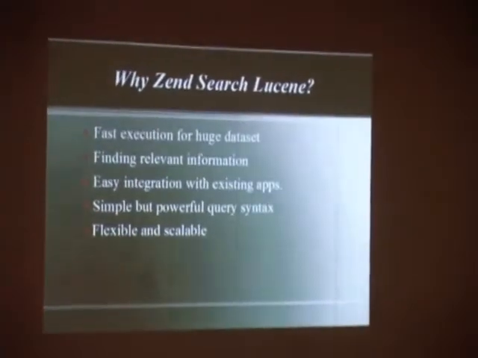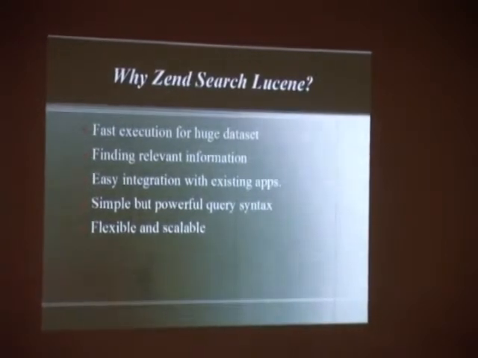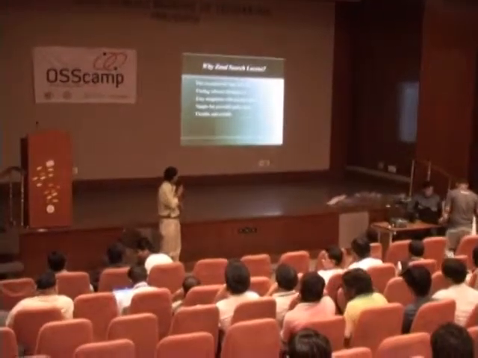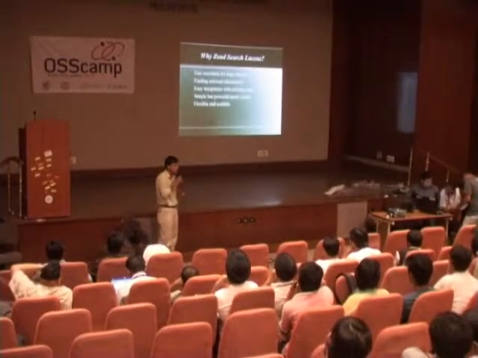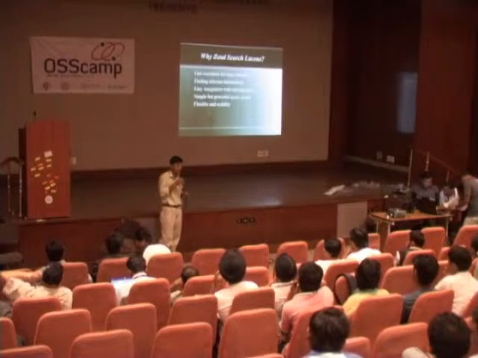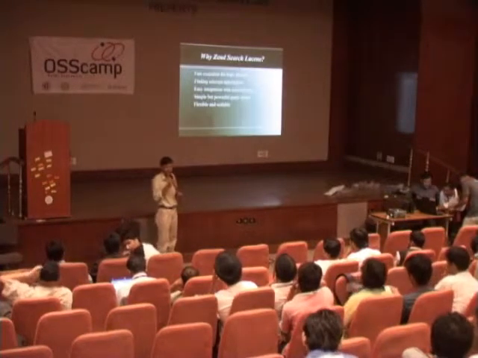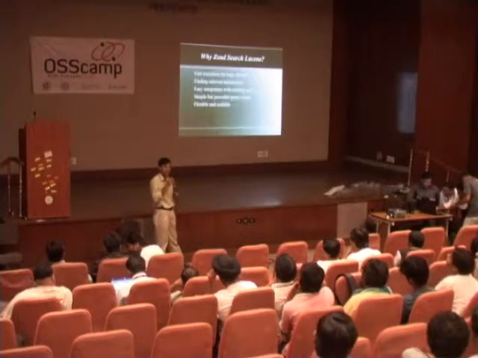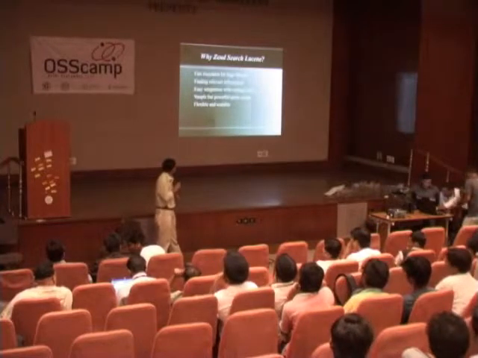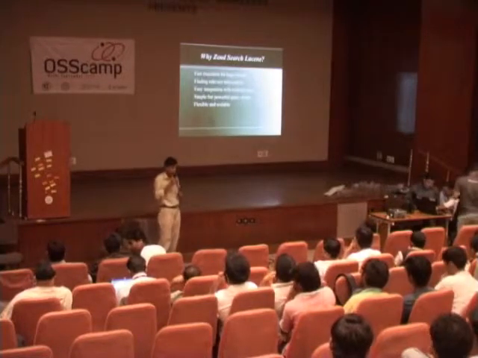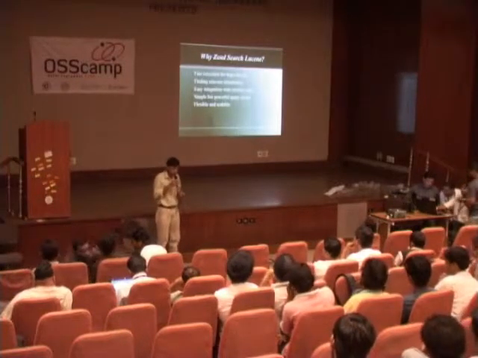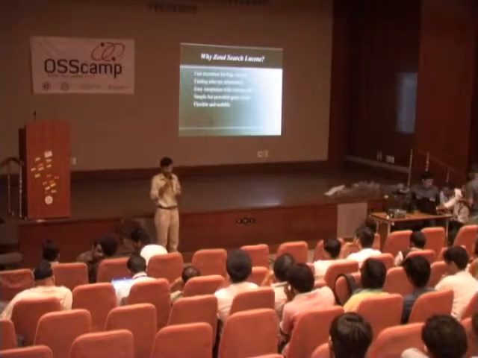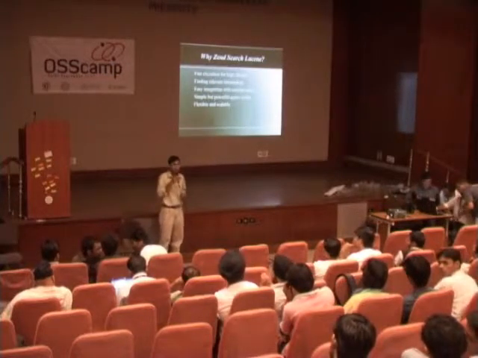These are the few things that make us very comfortable using Zend Search Lucene, because its execution is very fast on huge data sets, so response time is very good. Finding relevant information: if I am searching in a text part, it might be a blog.